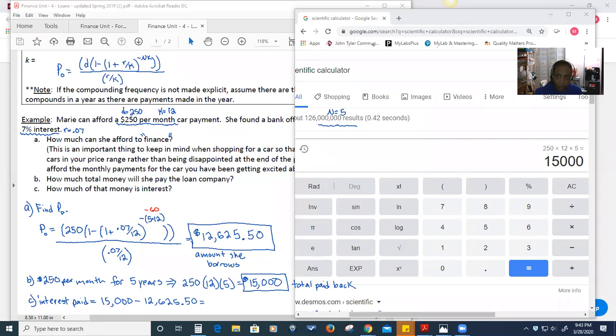All right, let's do it. $15,000 minus the $12,625.50 that she's paying back. I'm sorry, that she originally borrowed. So then the interest, or the extra that she's paid, is $2,374.50. We could say that that was the cost to finance the car, okay?